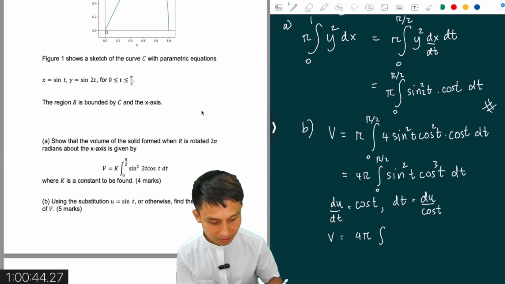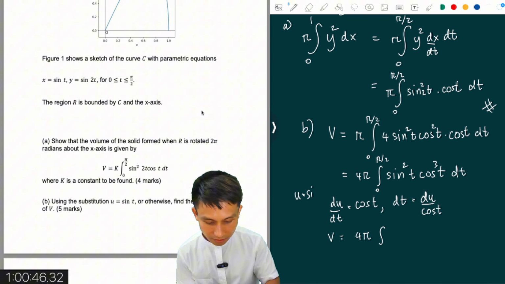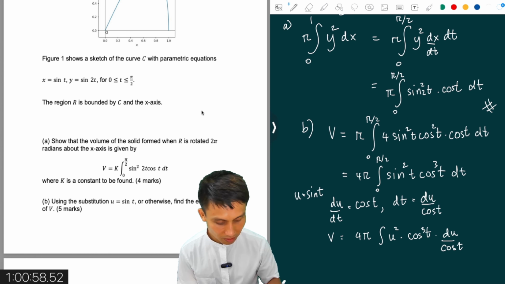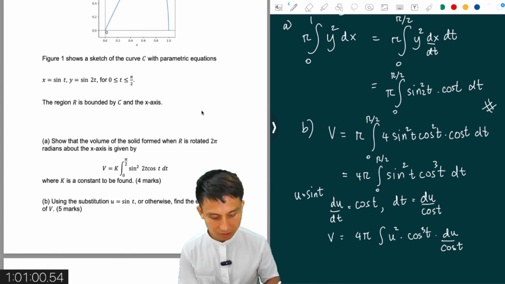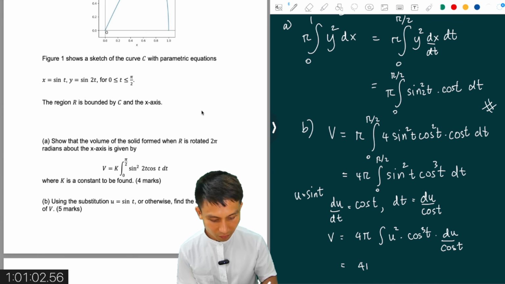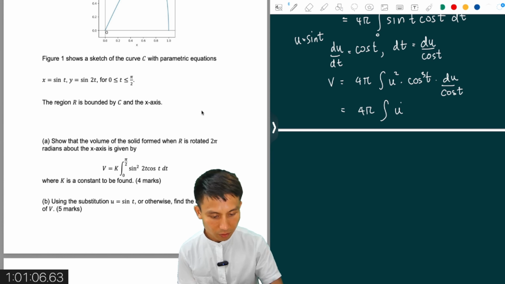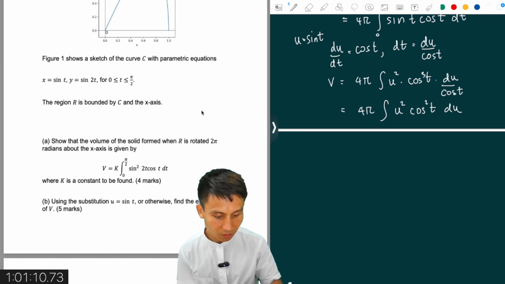Because we use u equals sine t there. So this is u squared times cos cubed t times dt, which is du over cos t. And I can cancel one of the cos t's there. I get 4 pi u squared cos squared t du.